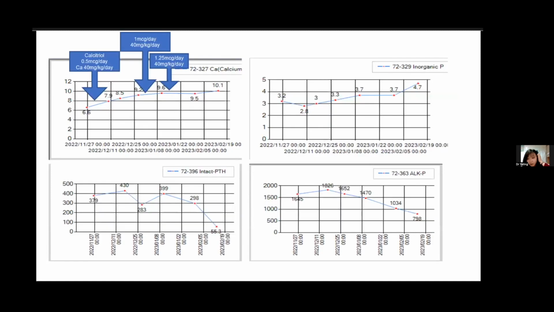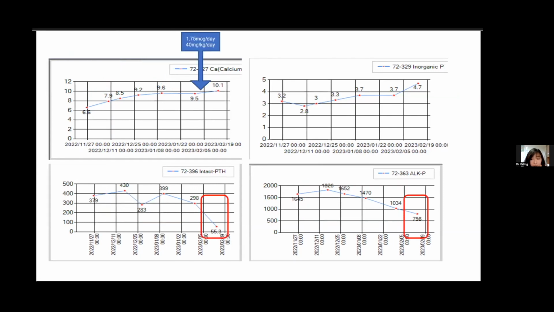She started calcitriol 0.5 microgram per day along with elemental calcium 40 milligram per kilo per day. After that, her iPTH and alkaline phosphatase levels were both still very high until I raised the calcitriol dose to 1.75 microgram per day.